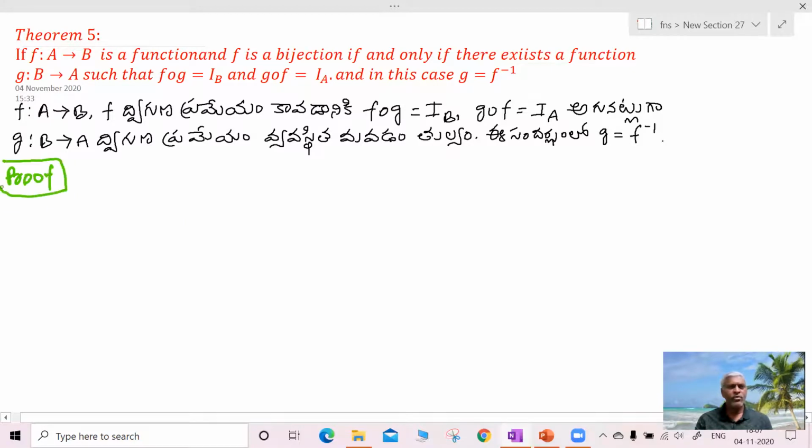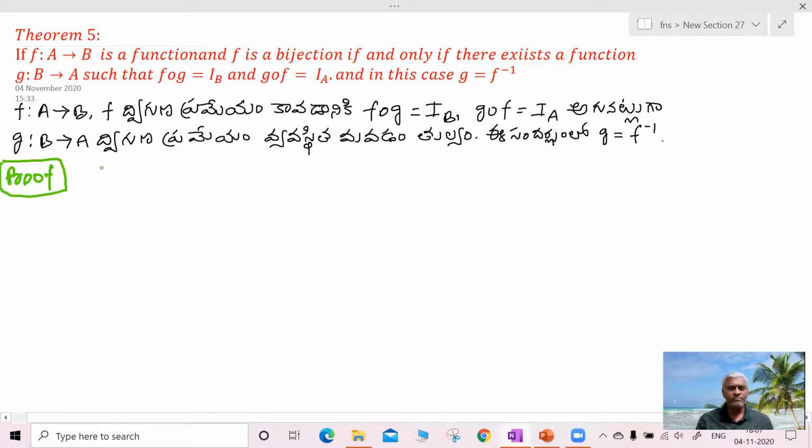We have to prove this theorem and its converse also. Now let us make it two parts. First, the theorem and its converse we have to prove.